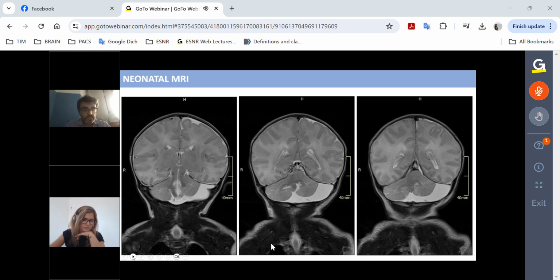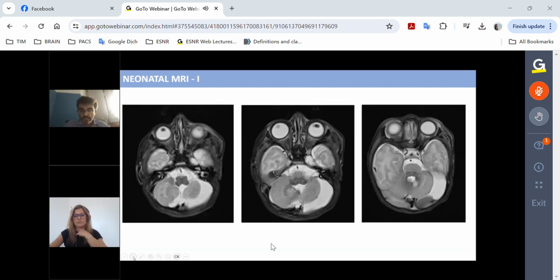We have an enlargement of the CSF spaces, so this is not consistent with a parenchymal damage. It's difficult to measure the volume of the cerebellum here, but we don't see clear signs of loss of parenchyma. This is on the axial, same things. So the cystic space is enlarged and the appearance of the parenchyma of the cerebellum.